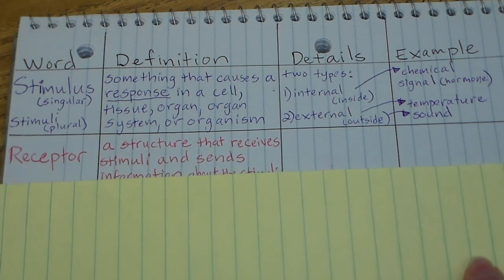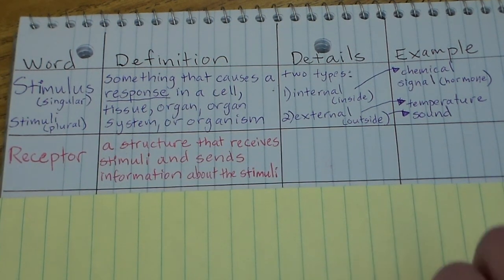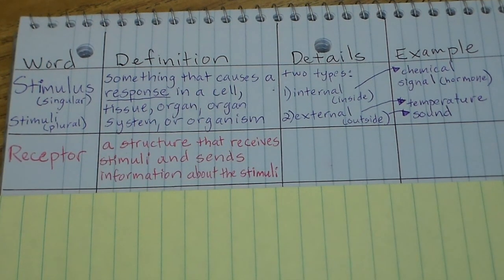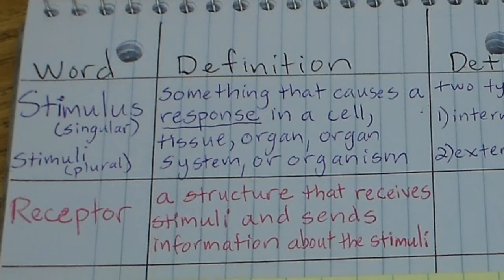In order to get information about a stimulus, you're going to need to have something called a receptor. So our second and last word today is the word receptor, and it goes hand in hand with stimulus. A receptor is just a structure.